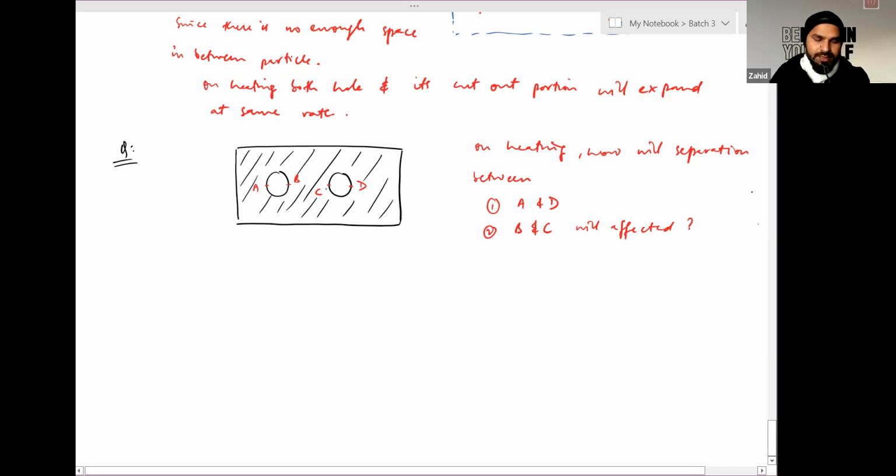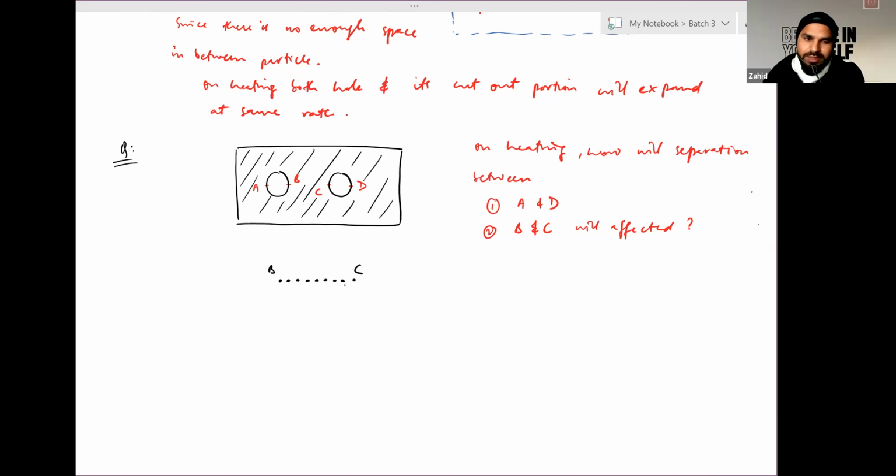What will happen between B and C? Suppose initially there will be a number of particles stacked together between B and C like this. So if you raise its temperature, will the separation between particles between B and C arranged like this increase or decrease? Reba? On heating, separation increases.